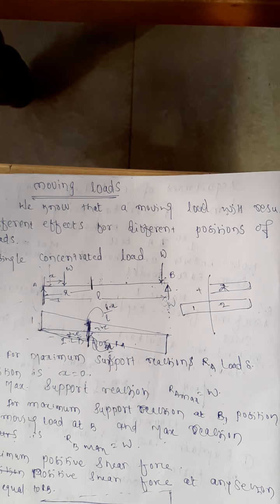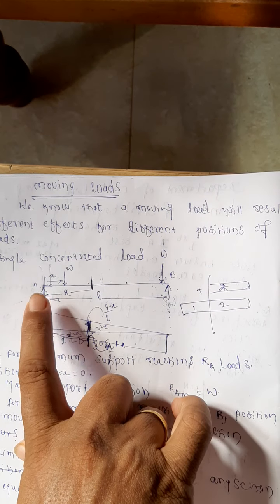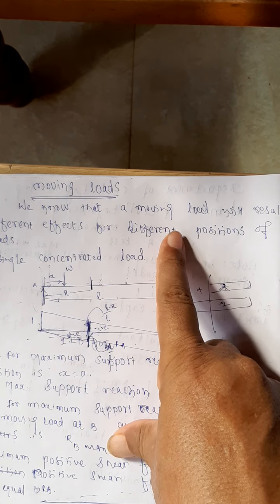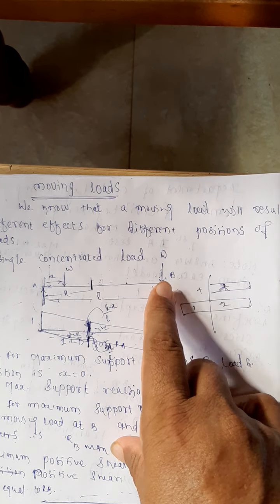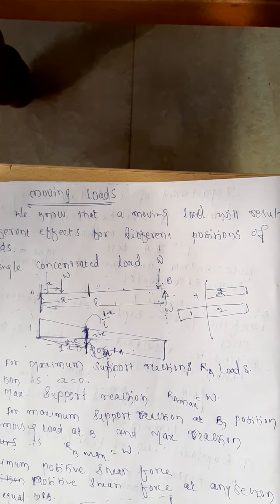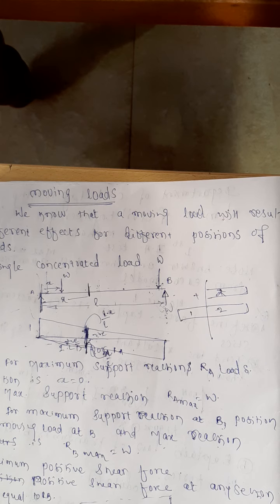If I want the maximum support reaction at the left support, then the load should be over the left support, and if you want the maximum right support reaction, you are expecting the load to be at the right position.